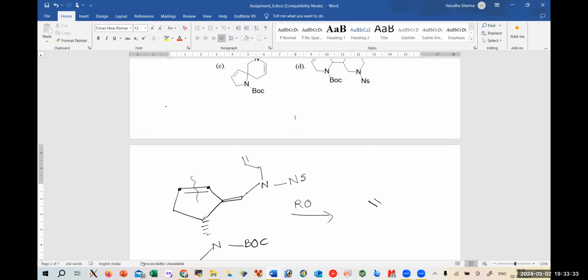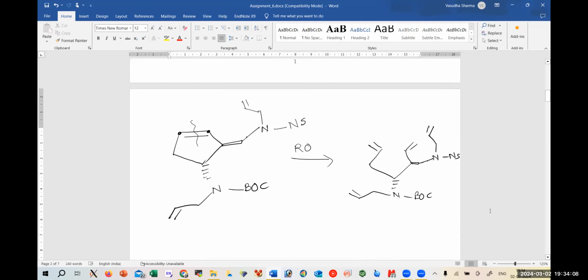So it would be like this way, and Boc, and here it is having nitrogen, and NS. Now we have done the ring opening part.